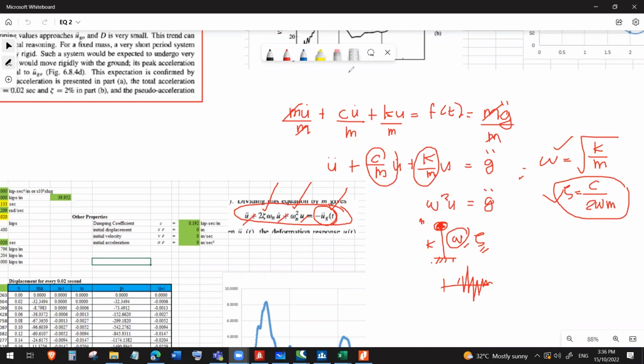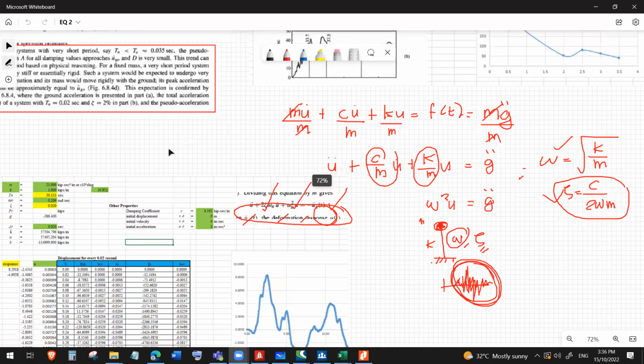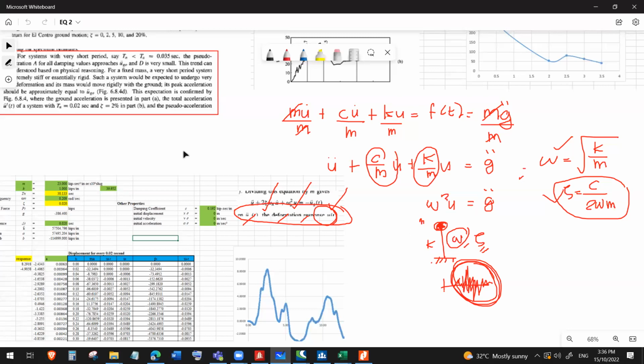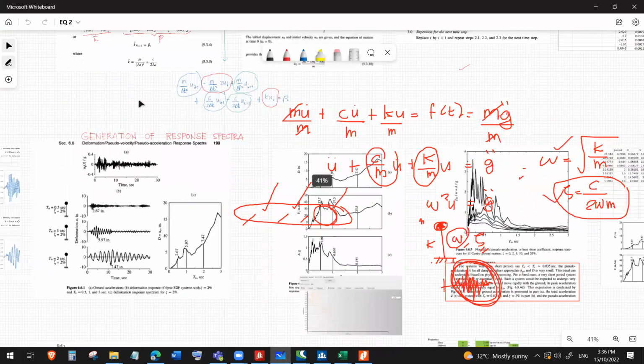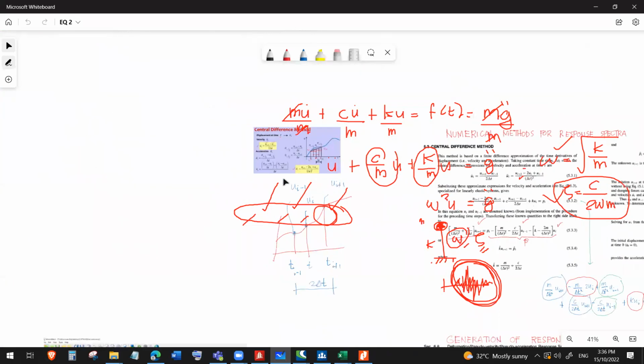Okay, so but again, our typical ground motion is a very irregular motion, right? So we need a numerical methods approach. So let's go to this. Okay.